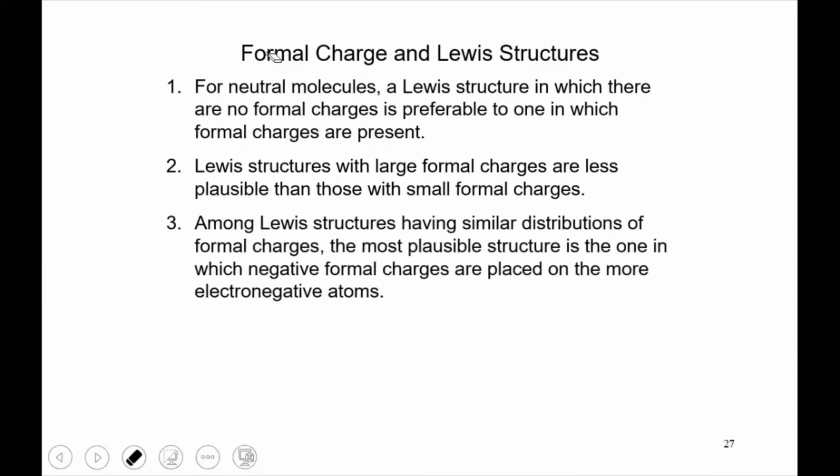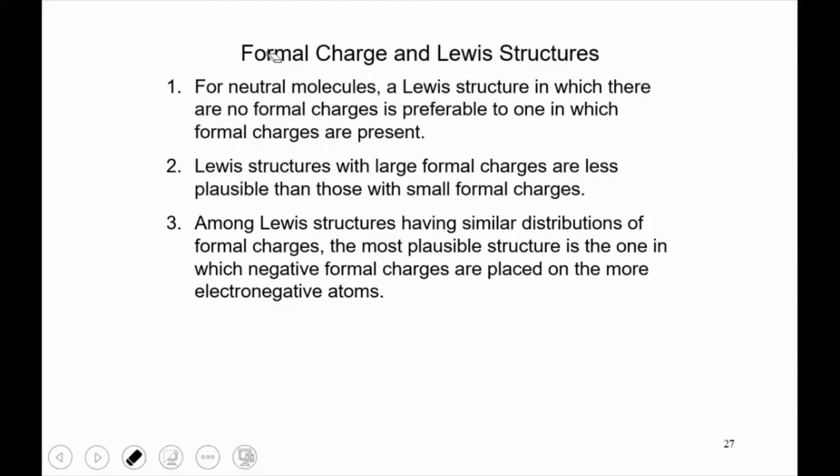Now, let's say that, again, you have the formal charges and you already know you can't get away from it. The most plausible structure for these kinds of situations is one in which negative formal charges are placed on the more electronegative atoms. Let's say you have a structure that has a formal charge of -1 on a nitrogen and +1 on an oxygen.